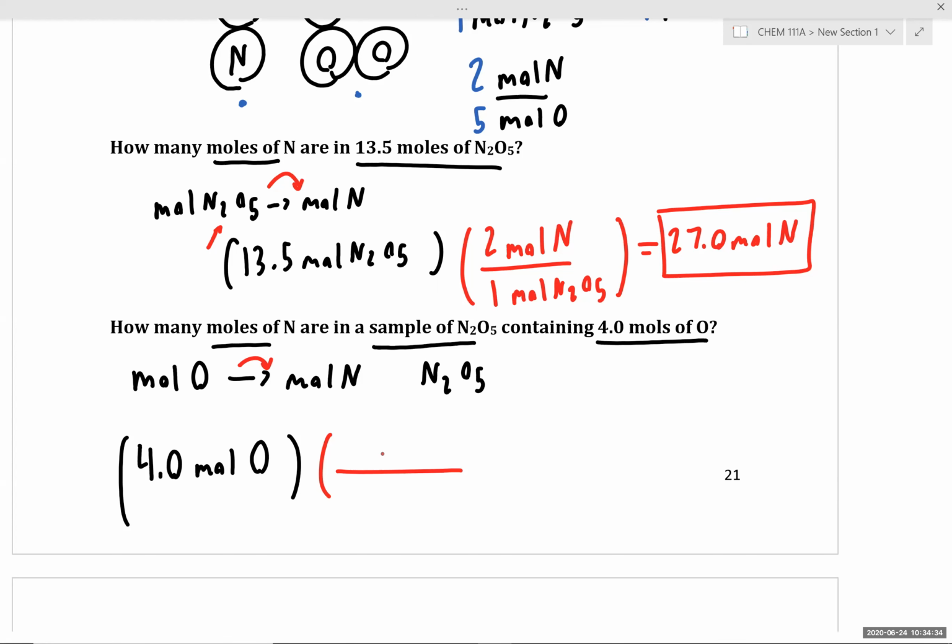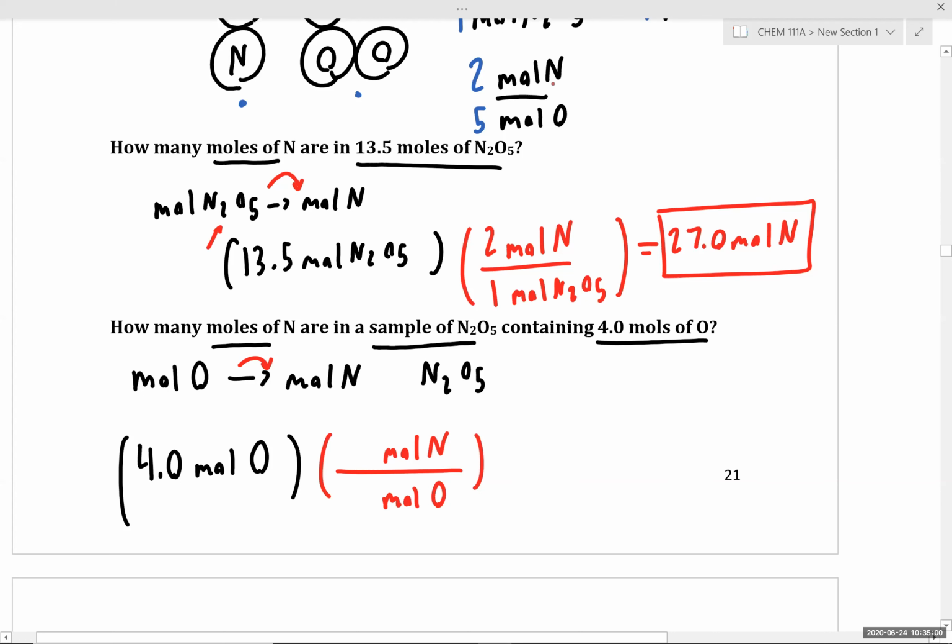Don't worry, it's not a trick question. What units are going to go on top if we go from moles of oxygen to moles of nitrogen? Nitrogen, exactly. And what units will be on the bottom this time? Moles of oxygen will be on the bottom.